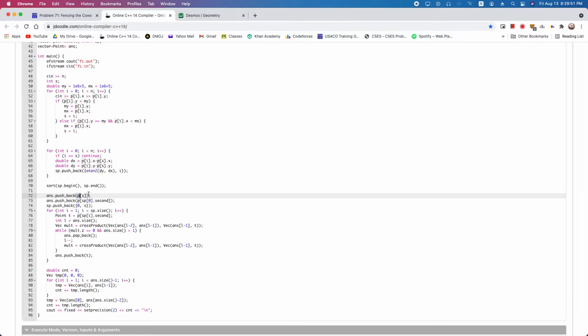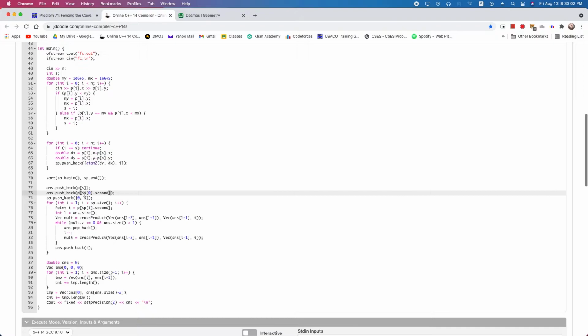We will push that back into the answer vector, and also push another one back. This is the one that has the smallest angle inside our sorted angle list, and we do this because when it has the smallest angle, it is the one nearest to this first point.